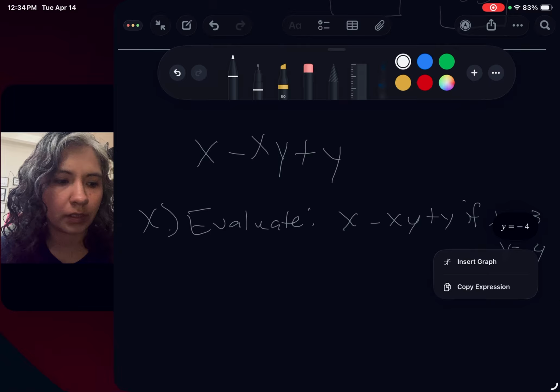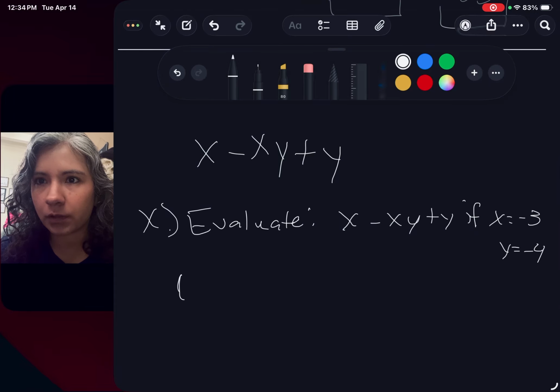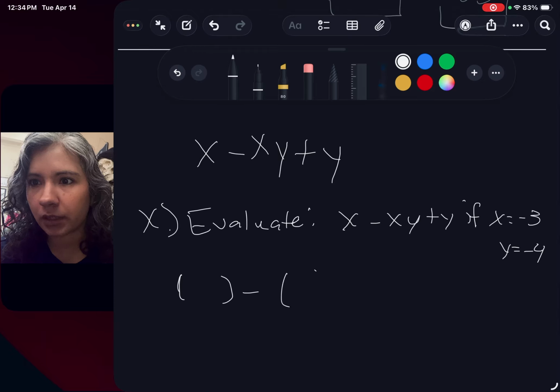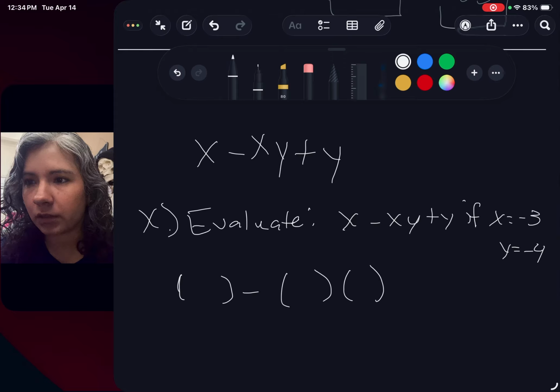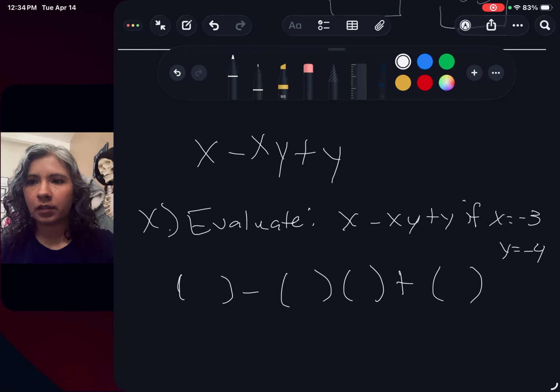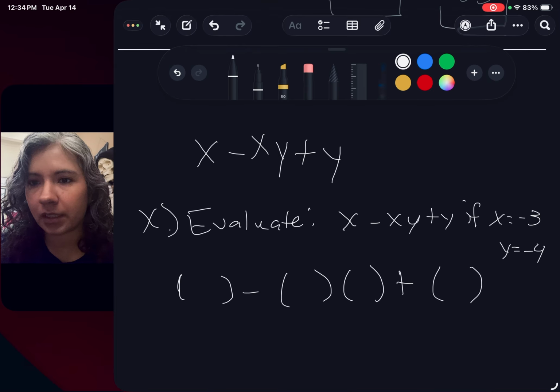So let's go ahead and put parentheses for our variables. So here's x minus x times y plus y. That way these signs don't mess us up.